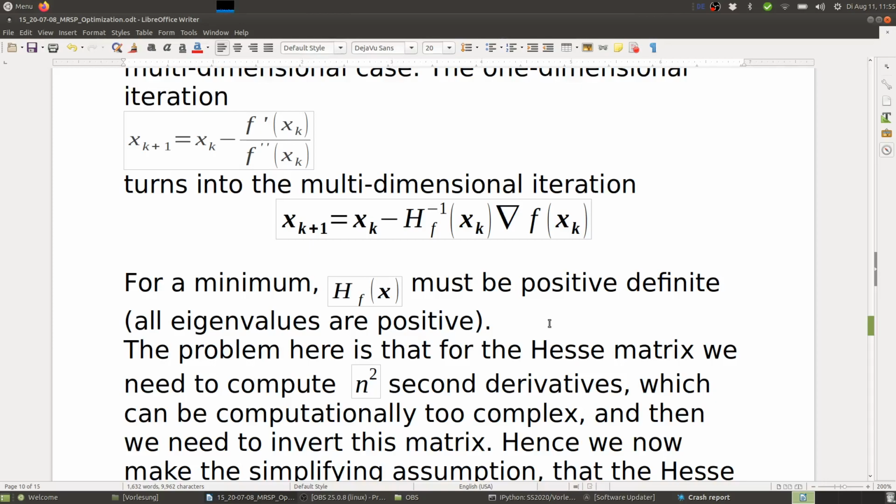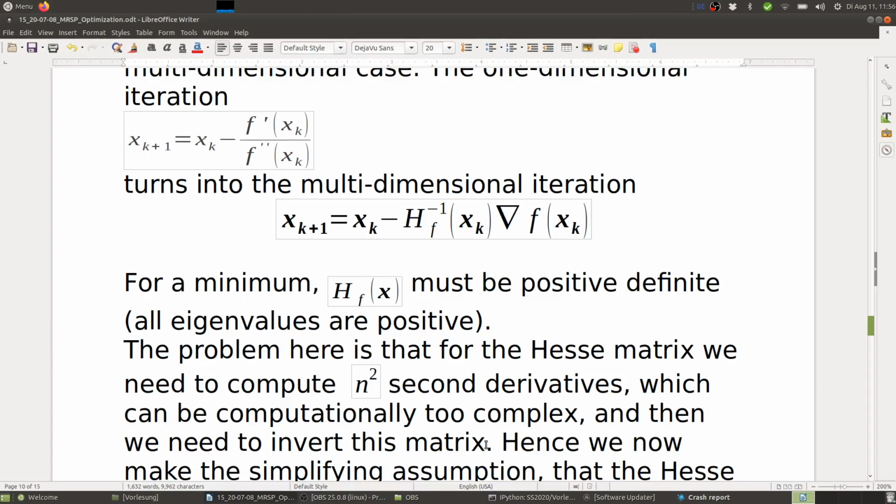So if n is large, then we have a problem here, because for the Hesse matrix we need to compute n square second derivatives, which can become computationally complex, and then we need to also invert this matrix. So remember, for each of those second derivatives we need at least 3 function evaluations to compute it, and we have n square of those.